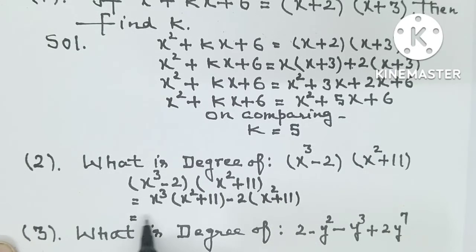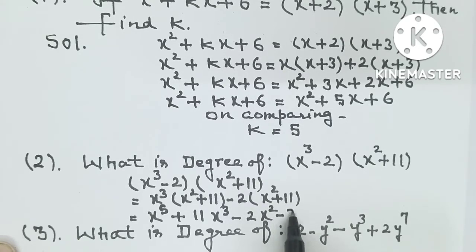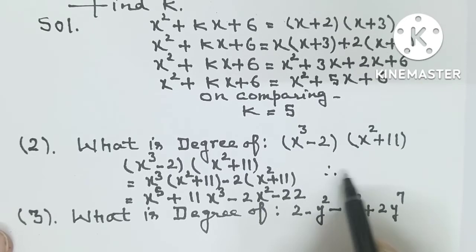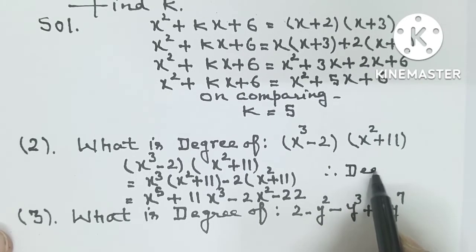So further, x power 3 plus 2 is 5, plus 11 x cube, minus 2x square, minus 2 and 11 minus 22. So you can see here the maximum power is 5. So we will say degree is equal to 5.